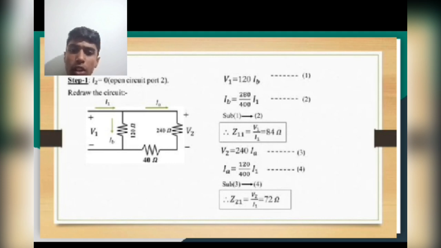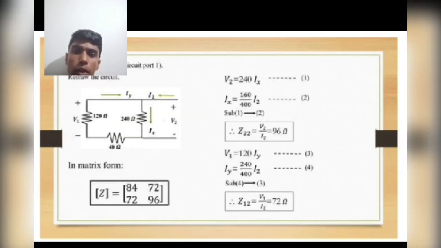Substituting equation 1 in 2, we get Z11 equal to V1 by I1, which is 84 ohm. V2 is equal to 240 IA, and IA is equal to 120 by 400 I1, equation 4. By substituting equations 3 and 4, we get Z21 equal to 72 ohms.